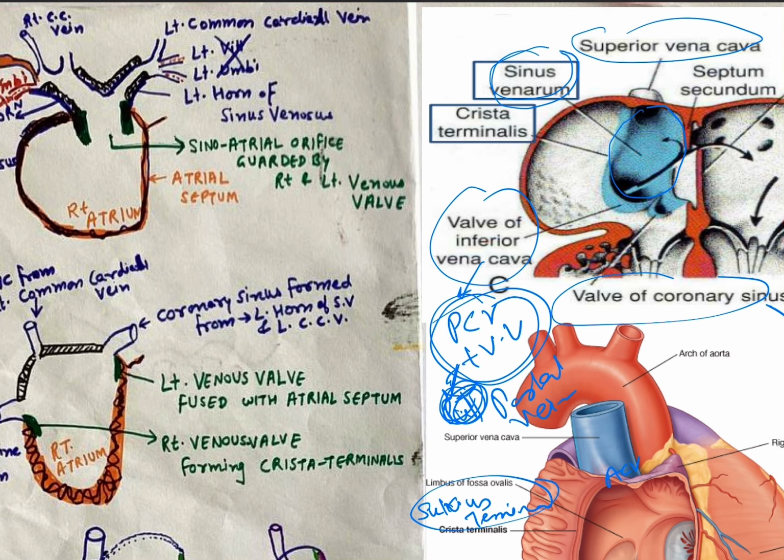If you see very carefully through this diagram, I want to make a concept about the septum spurium, which is actually the right venous wall and left venous wall. This is the right horn and this is the left horn.